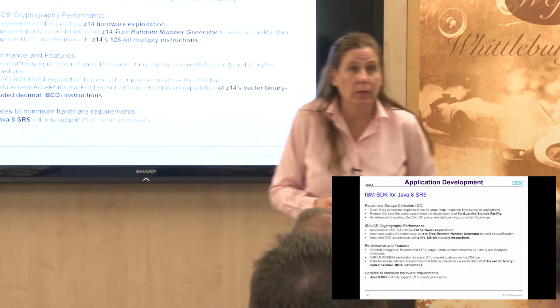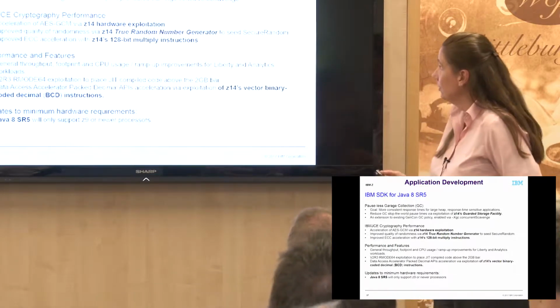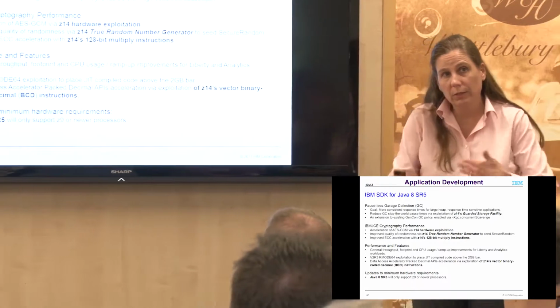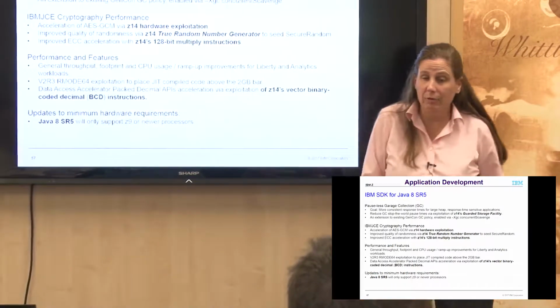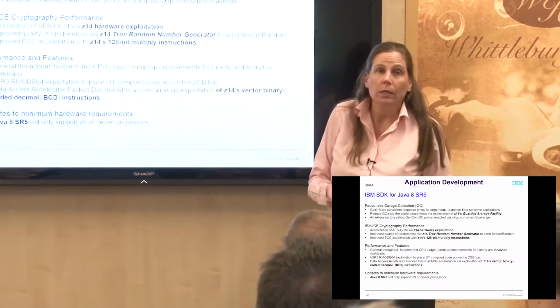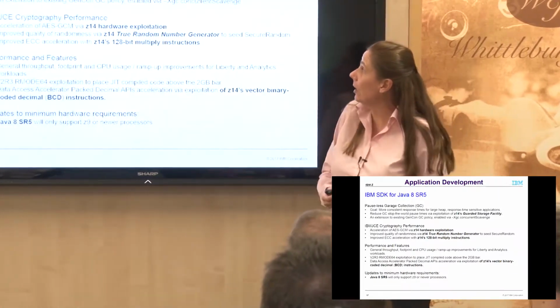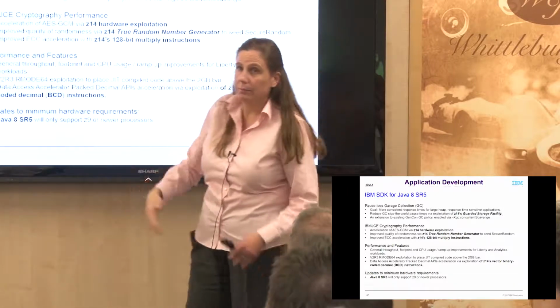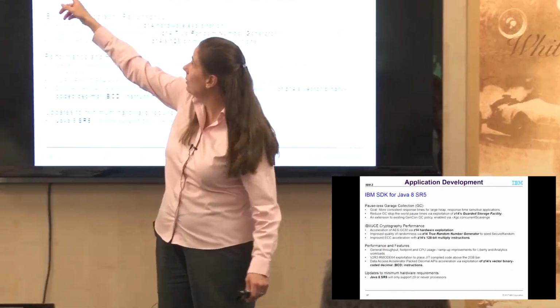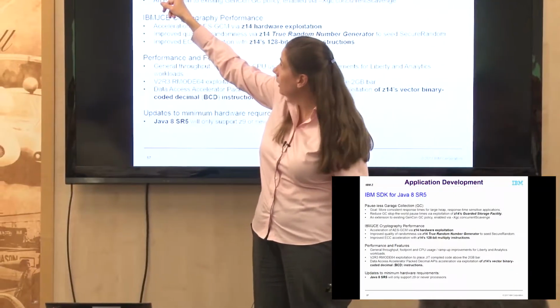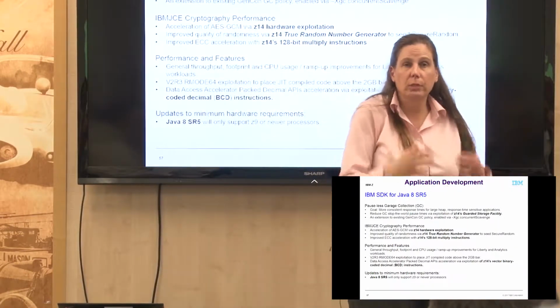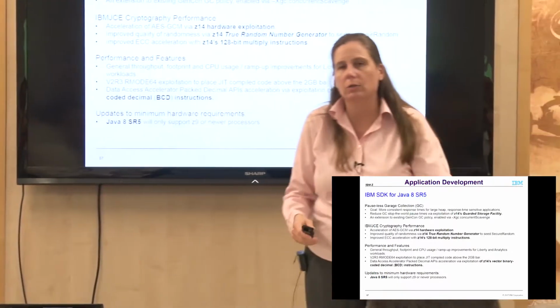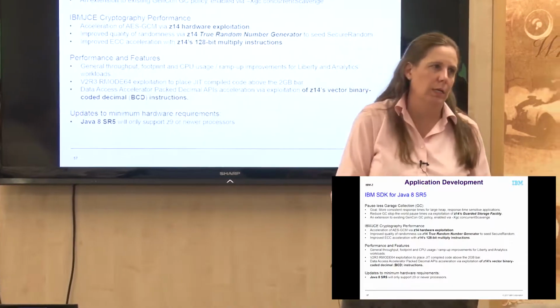So we have the next one, and I want to make sure I talk about this one because I want to be really clear with the technical audience like you guys are what we mean by this. So we have on IBM SDK for Java 8, SR5, they're really touting something in marketing called pauseless garbage collection. Okay, now this is really careful because when people are just talking, they're talking about pauseless garbage collection.